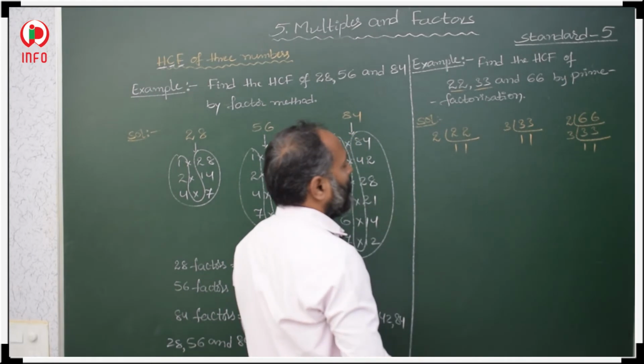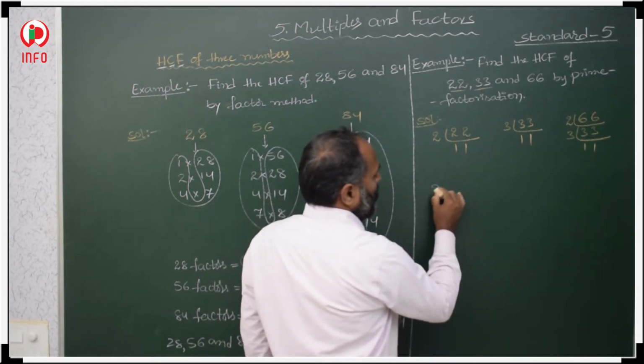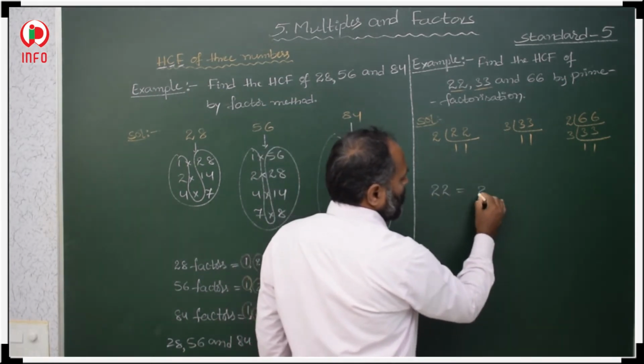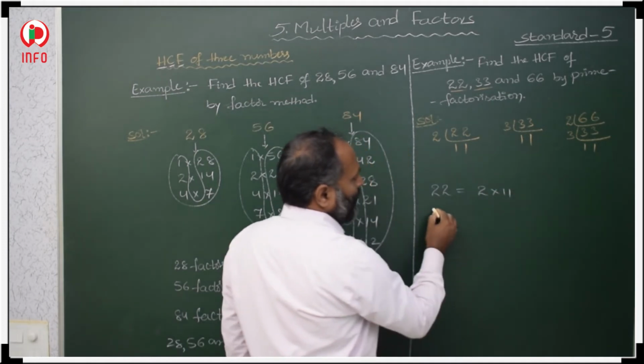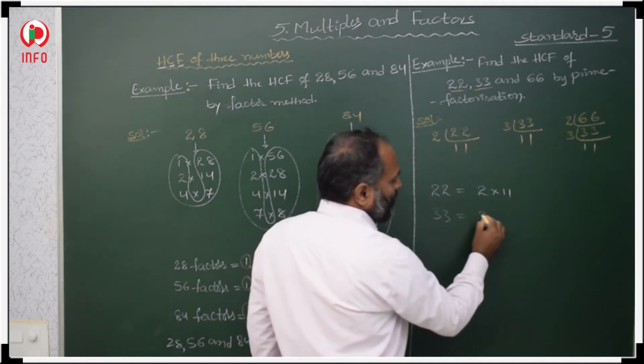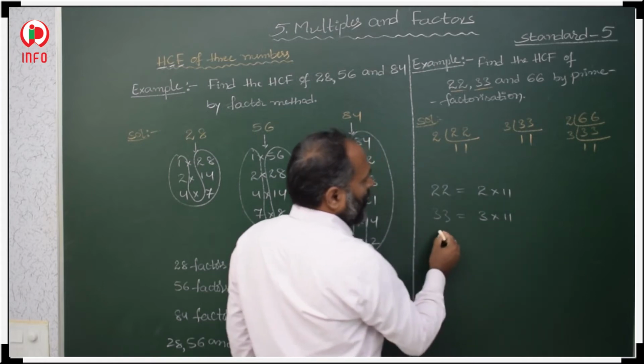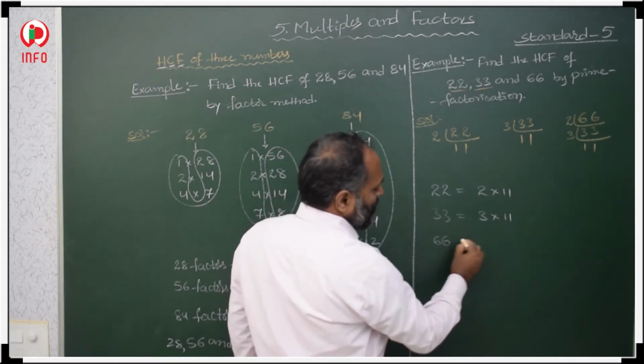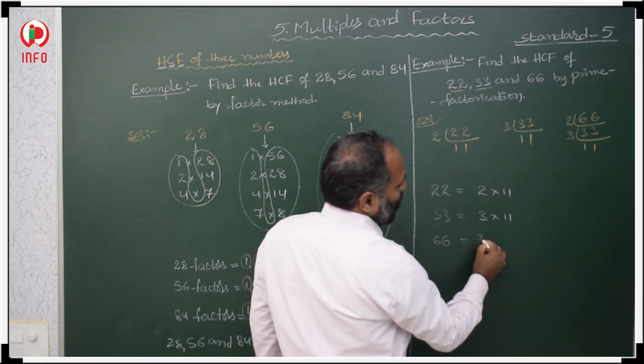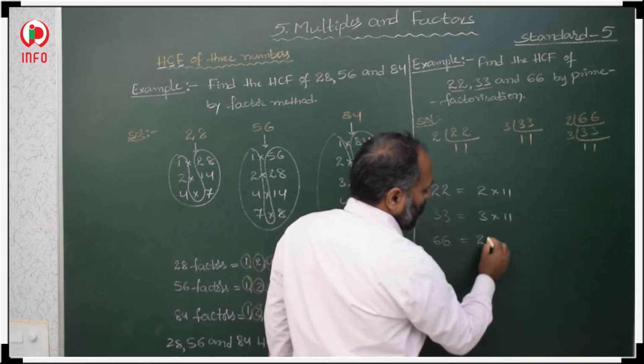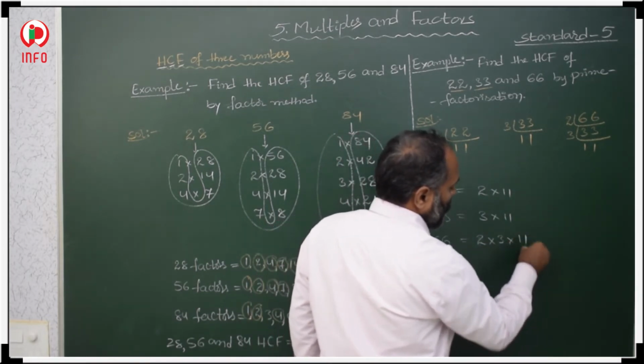Now the prime factorization: 22 is 2 into 11, 33 is 3 into 11, and 66 is 2 into 3 into 11.